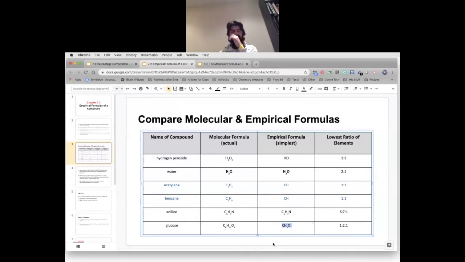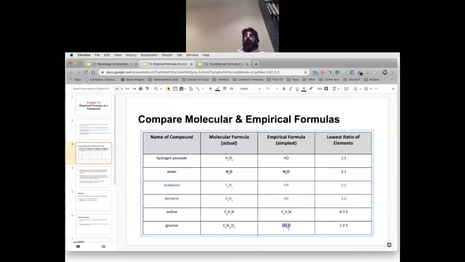So there are a number of compounds that will share the same empirical formula as glucose. Okay, so glucose will share the same percent composition as others that have the same empirical formula of 1 carbon for every 2 hydrogens for every 1 oxygen.